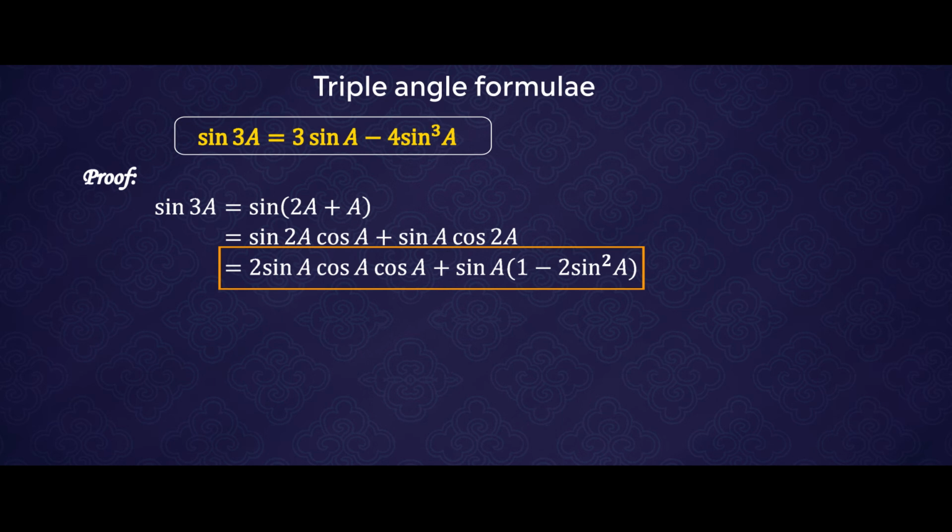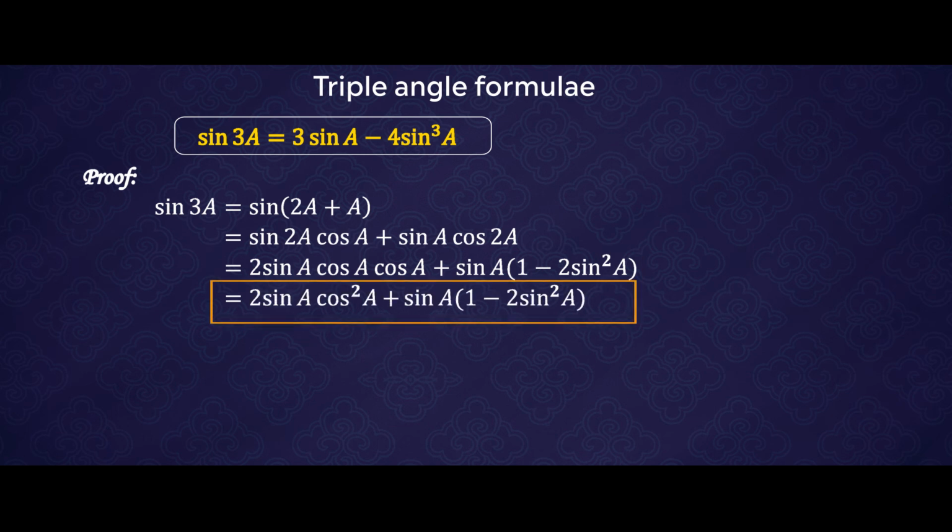Then we have 2 sine a times cos a times cos a, which is cos square a, plus sine a times 1 minus 2 sine square a. We write that as it is.